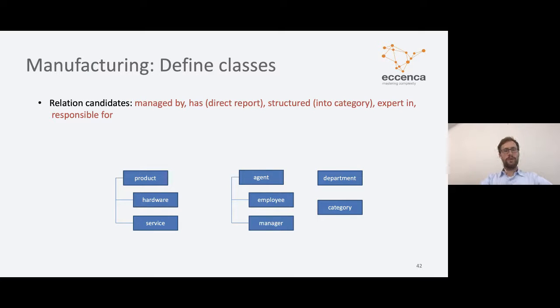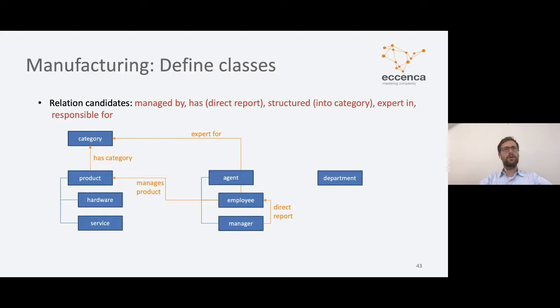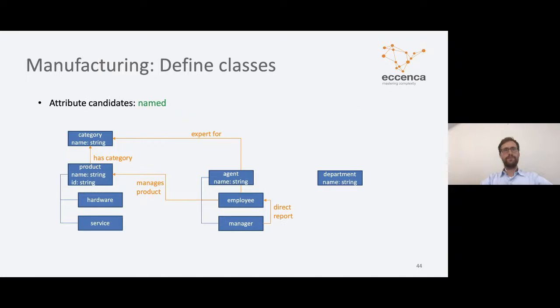But they'll probably get into the picture in the next iteration, which means that we'll now also deal with the relationship candidates and put some context in those classes that we defined here. So we see employee is an expert for category, product is a category, employee manages product, manager is a direct report for an employee, and so on.